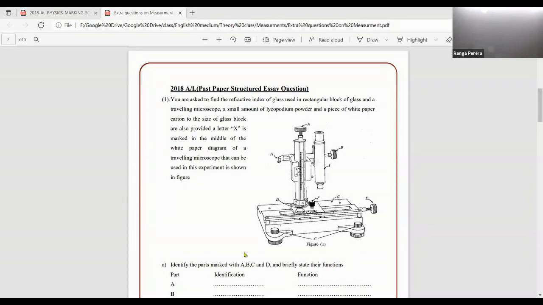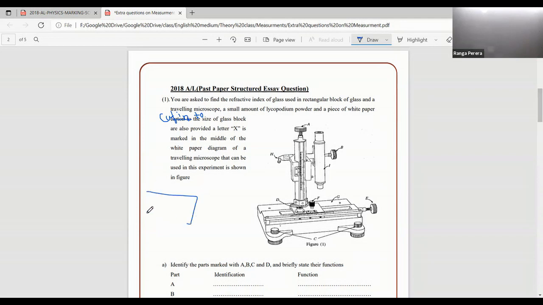There's a small typing error. Can you please make it there? Cut into the size of the glass block.